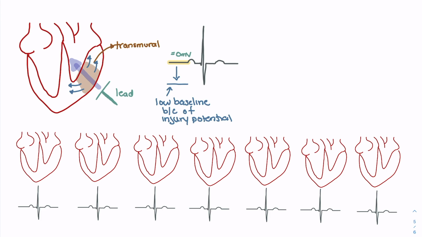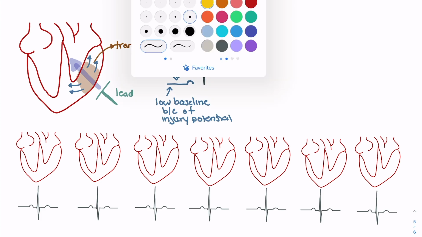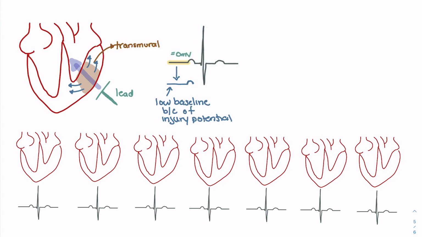Not a lot changes when we're looking at something like the P wave. We know the P wave is representative of our atria depolarizing, so nothing changes there. We have atrial depolarization, which is represented by the P wave on the ECG, so our P wave looks the same.